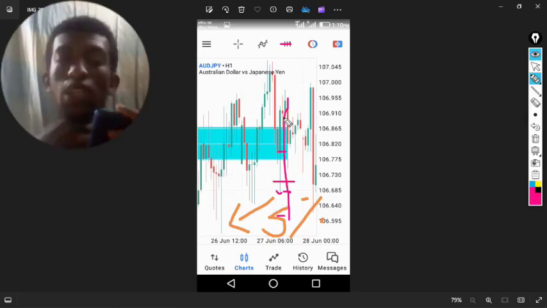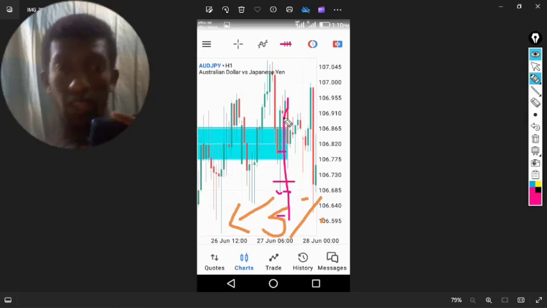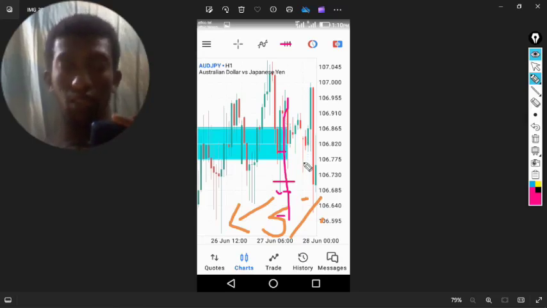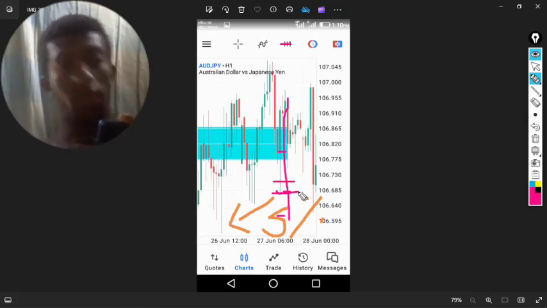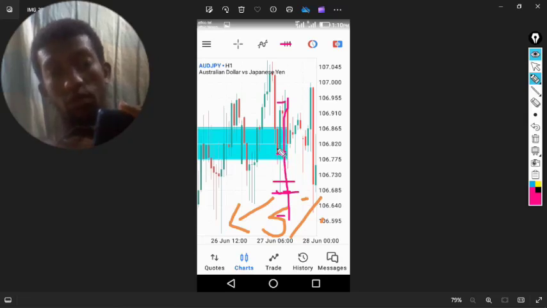Take partials or trail. In my opinion, taking partials is better than trailing a stop. Of course, you have to trail it to break even, so you don't have to lose. You don't want to lose, but after putting it at break even, after price has moved, it is better to take partials. Once the price moves there, take partials.